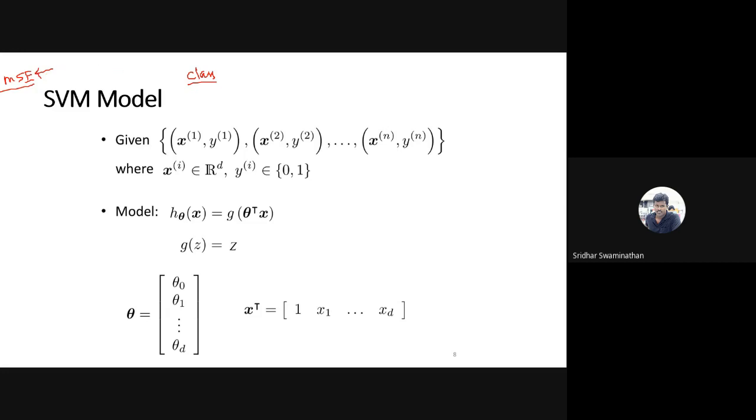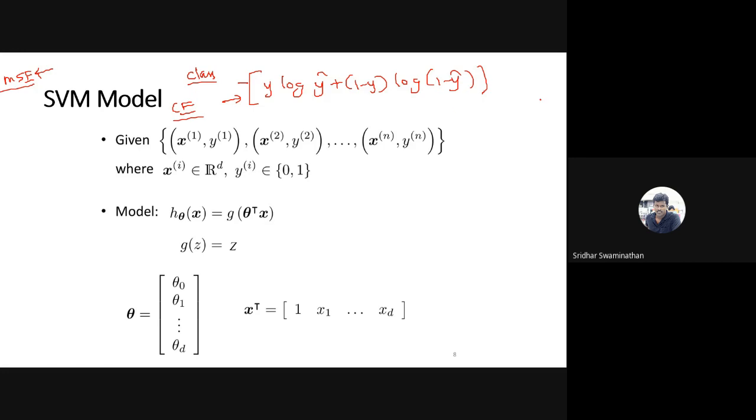You need to use a function called cross entropy, to find whether the model has made a mistake. That is minus y log y cap plus 1 minus y into log 1 minus y cap. This particular function is called the cross entropy function.